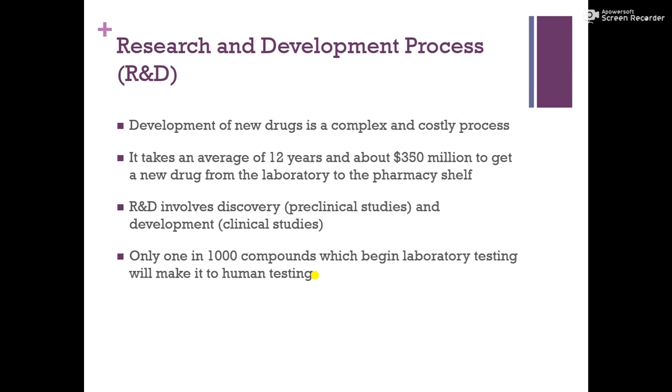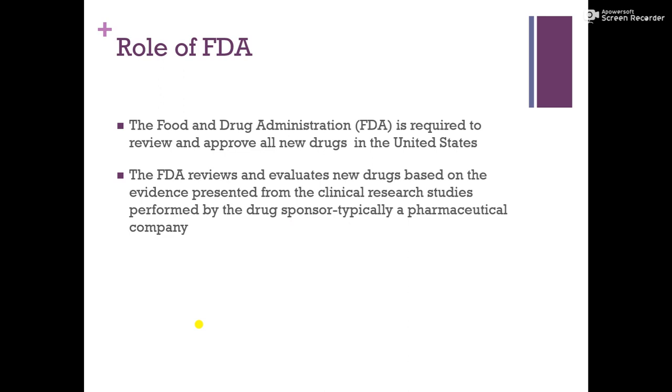R&D involves discovery, preclinical studies and development, which comes under the category of clinical studies. Only 1 in 1,000 compounds which begin laboratory testing will make it to human testing.